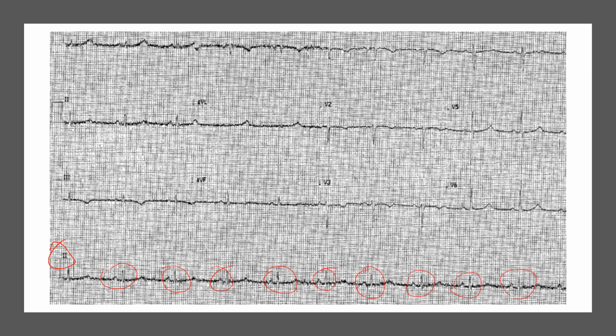So everything started to go back to normal just by giving a small dose of atropine to increase the rate for a little bit more. And actually, we could have done something different and just got the patient to walk around in the department to increase the heart rate for a little bit, and that should have normalized the rhythm as well.